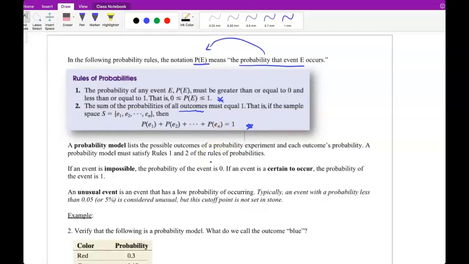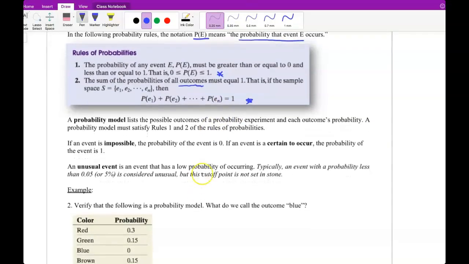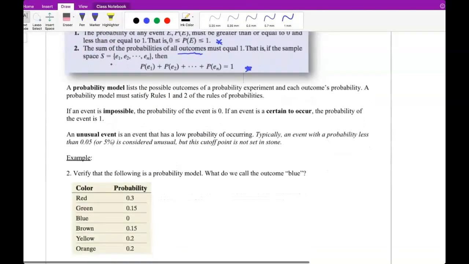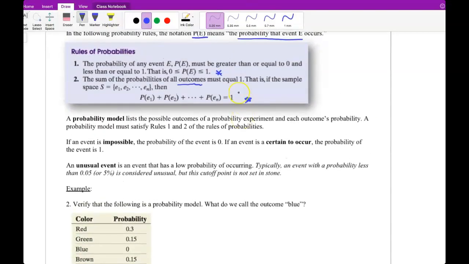So we should have both number 1 and 2 to have this rule for probability. This is equal to 1, or in other words, equal to 100%. And each one of these is an event.